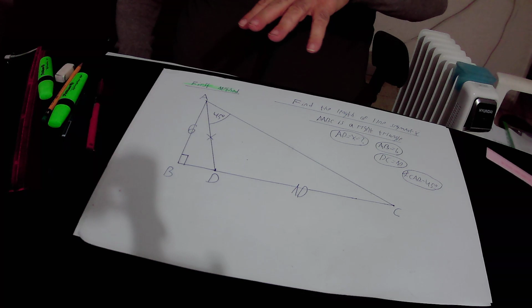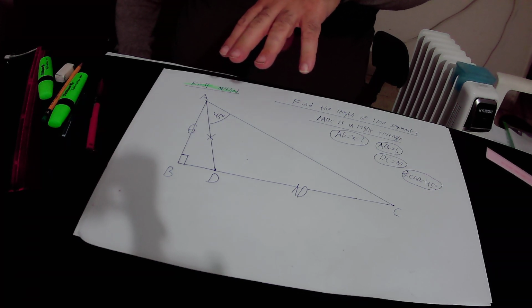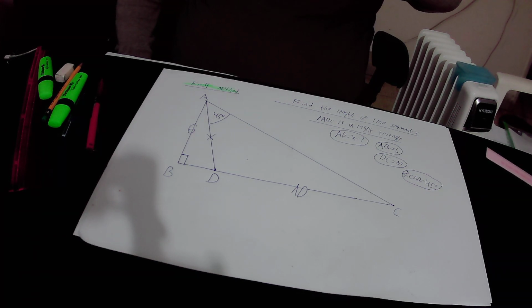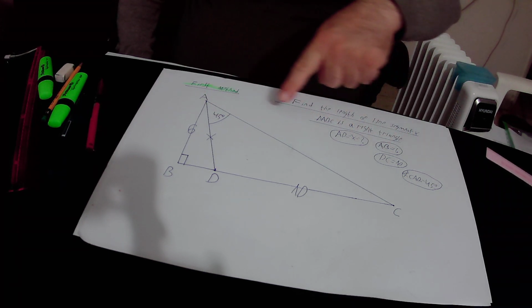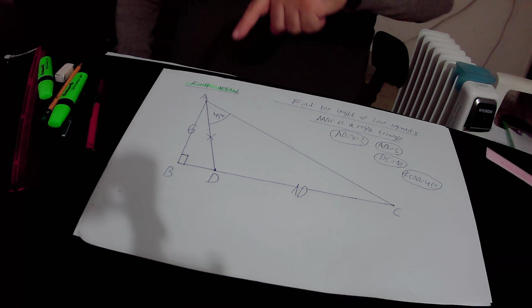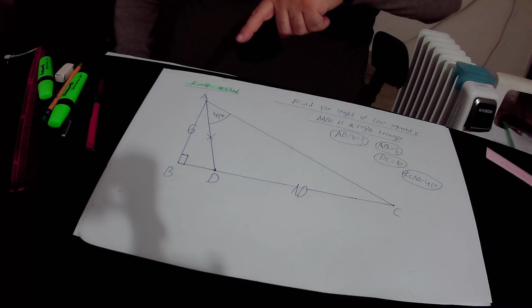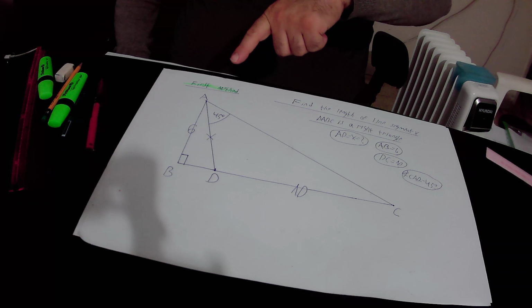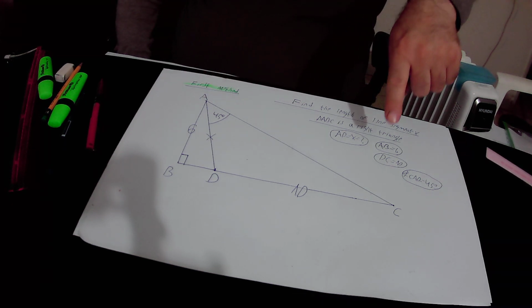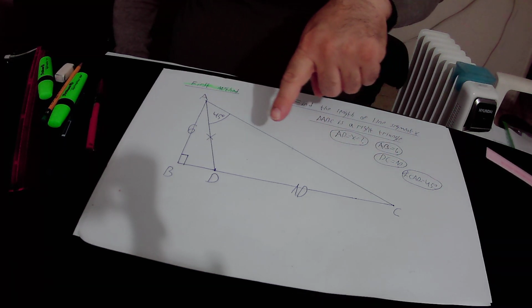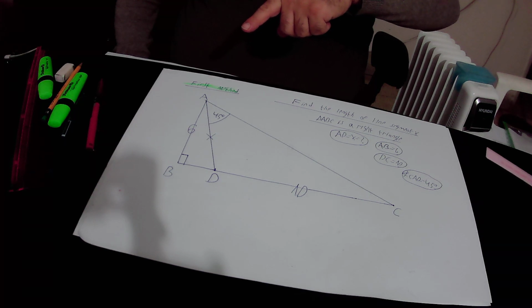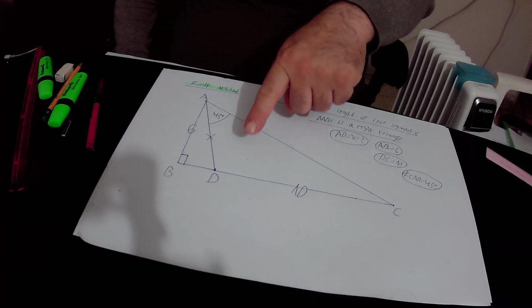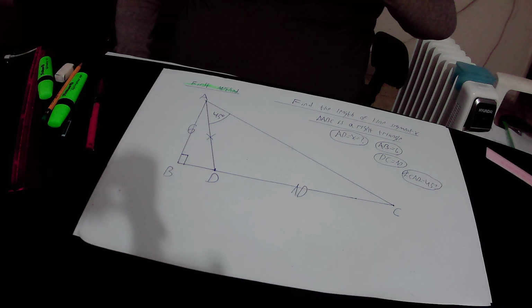In the drawing we have a right triangle, triangle ABC, angle DAC equals 45 degrees, angle ABC equals 90 degrees, side AB of triangle ABC equals 6 units, and side DC equals 10 units. And we want to find the value of line segment AD, that is actually X.